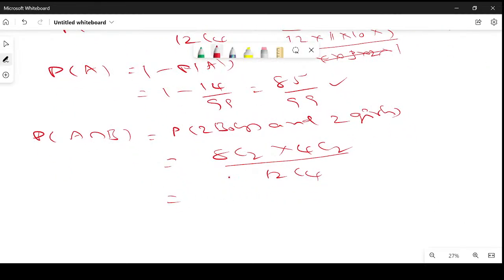So now, what is 8C2? I can write 8 into 7 by 2 into 1. 4C2, 4 into 3 by 2 into 1. Otherwise, I suggested use the nCr formula.